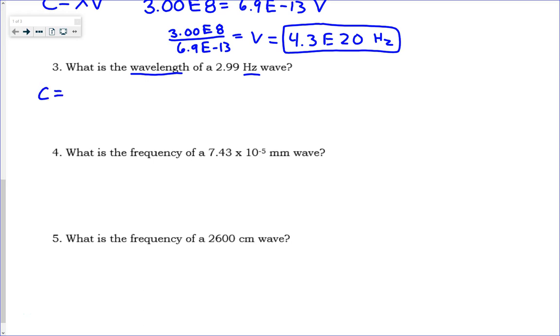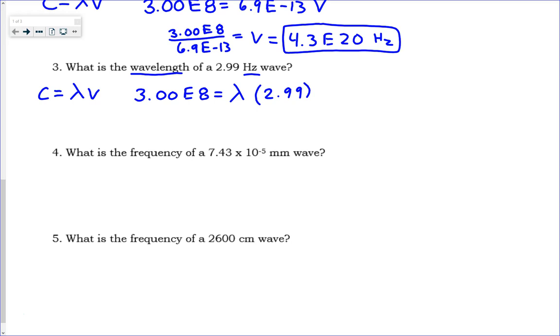C equals lambda times nu. This should be getting pretty familiar at this point, so 3.00 times 10 to the 8th equals, our unknown is the wavelength this time, so lambda is our variable, and then nu, the frequency in this case, is just 2.99.